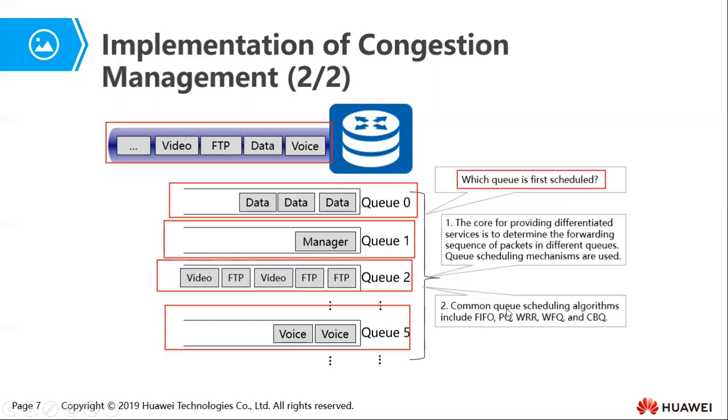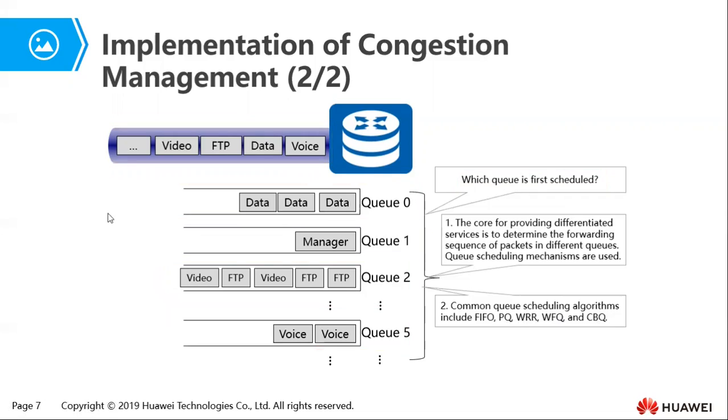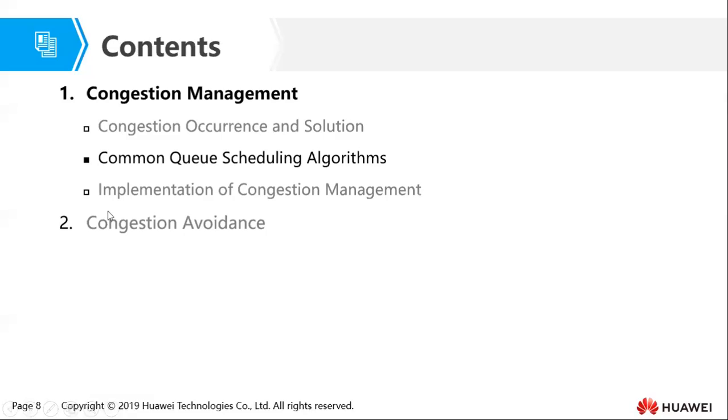We have PQ for priority queue. We have WRR, which is weighted round robin. We also have weighted fair queue, and we also have class-based queue. In the coming slides, we are going to look at how each one of them operates.